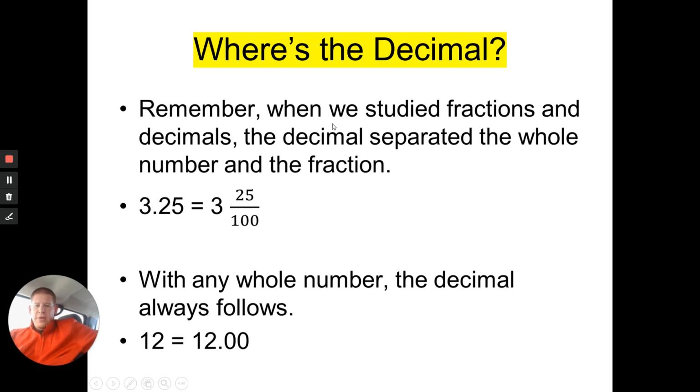One thing to remember, and I know you guys saw that slide last week, is we're worrying about where to place that decimal. So the decimal separates our whole number and our fraction. If we had 3 and 25 hundredths as a decimal, it would be saying 3 and 25 as a mixed number. So any number has a decimal following it, and I could put as many zeros as I would want and still equal the same thing.